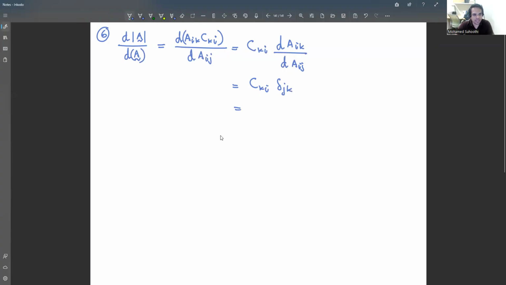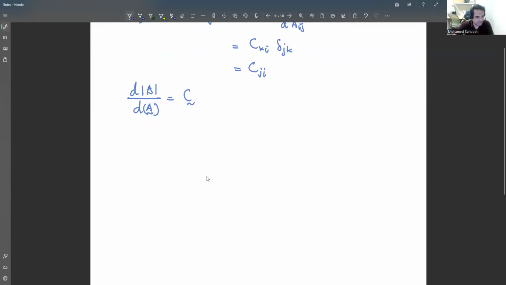So now you can apply the properties of the Kronecker delta: remove the common index and replace it with the balance one, giving C_JI. So what is this actually? It is the cofactor matrix. That means the differentiation of the determinant with respect to the matrix itself is actually the cofactor matrix.